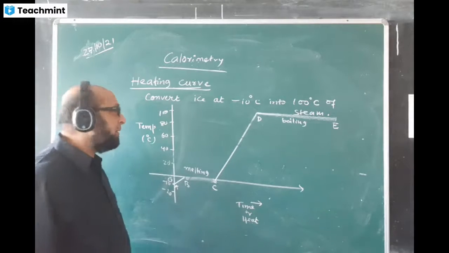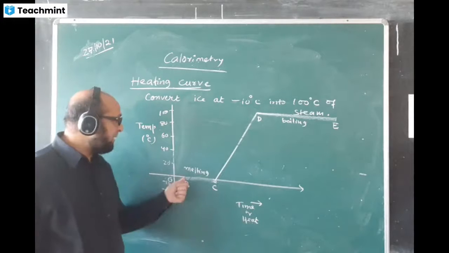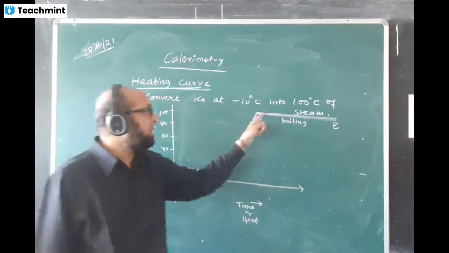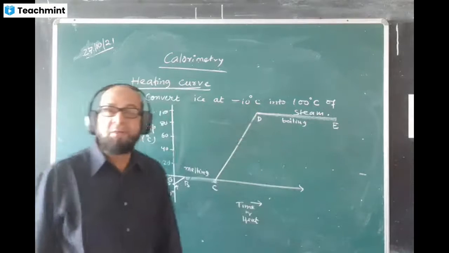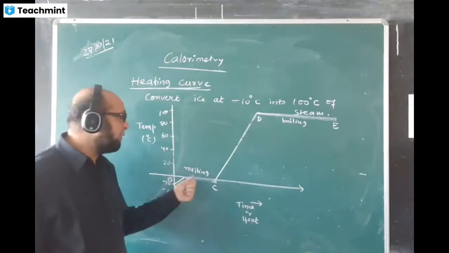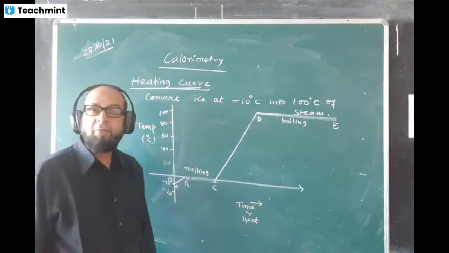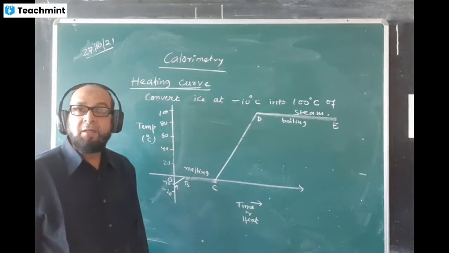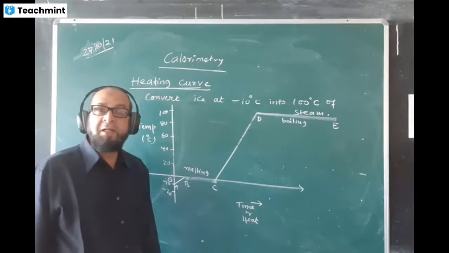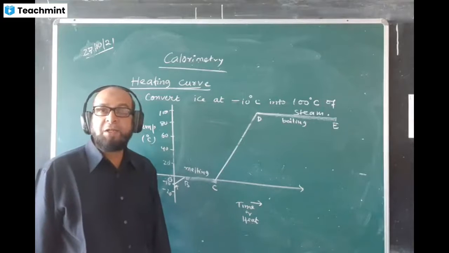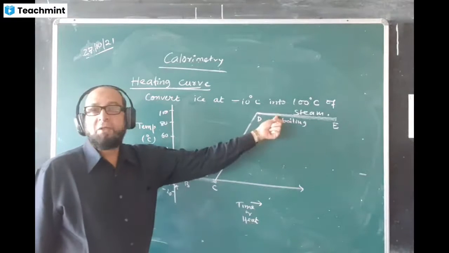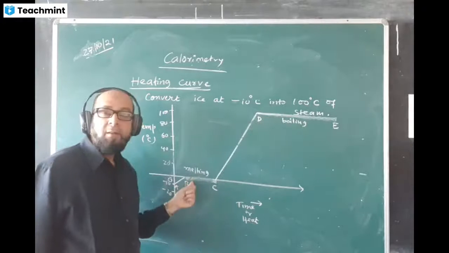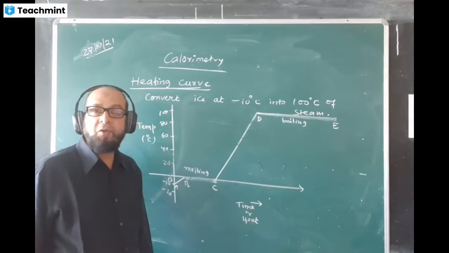Now another thing out here. Listen. This region I have drawn shorter, and this one I have kept longer. Both of them represent change of state, but one I have kept shorter, the other one longer. Why? The reason is that the specific latent heat of vaporization is much larger as compared to the specific latent heat of fusion.